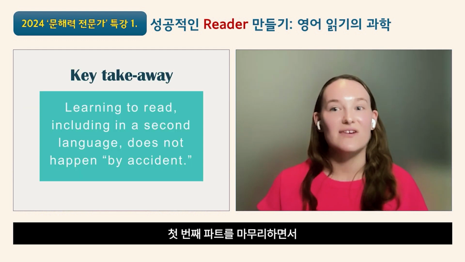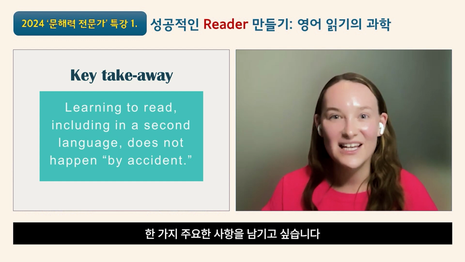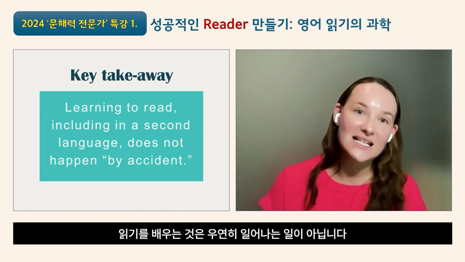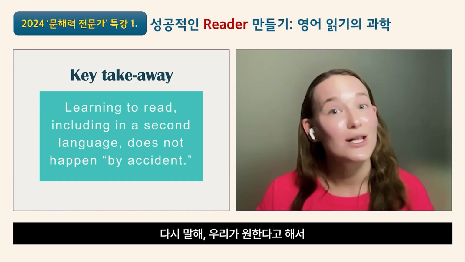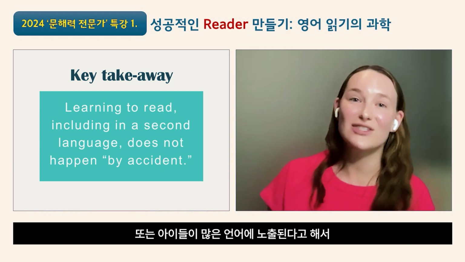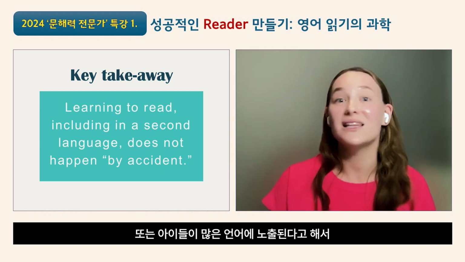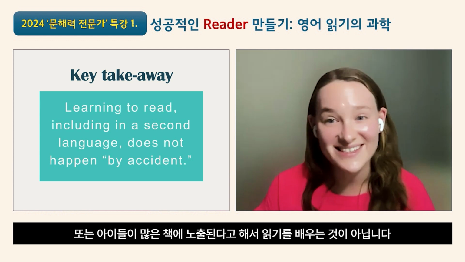As we come to the close of our first section, I want to leave you with one key takeaway. Learning to read does not tend to happen by accident. In other words, learning to read doesn't just happen because we want it to, or because children are exposed to a lot of language, or even just because they're exposed to a lot of books.